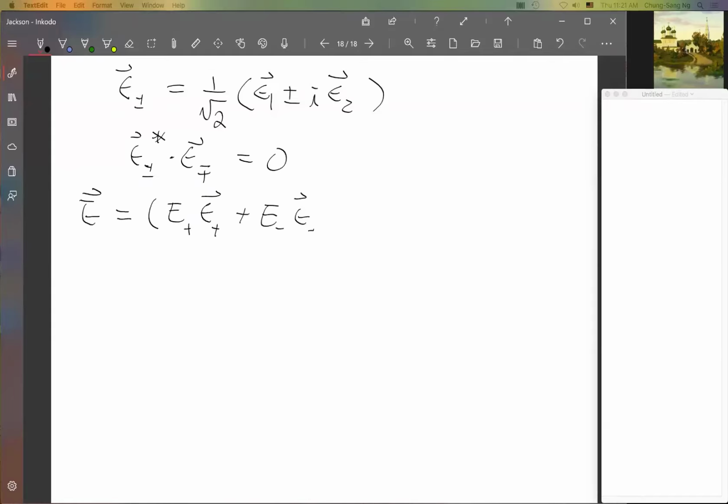Okay, and then the phase vector. So this is nothing but decomposing the electric field into these two unit vectors of the two circular polarizations.